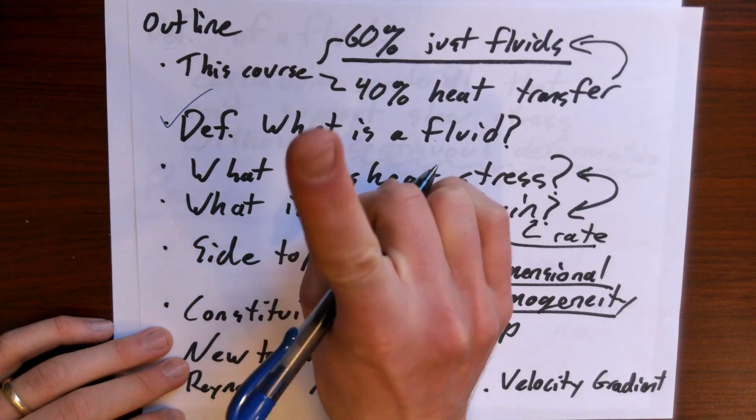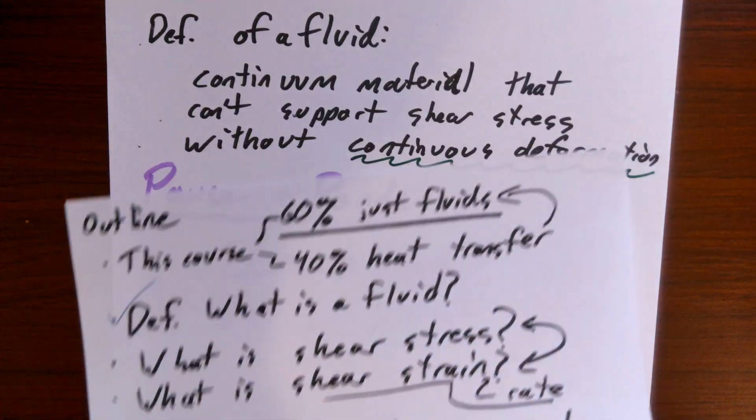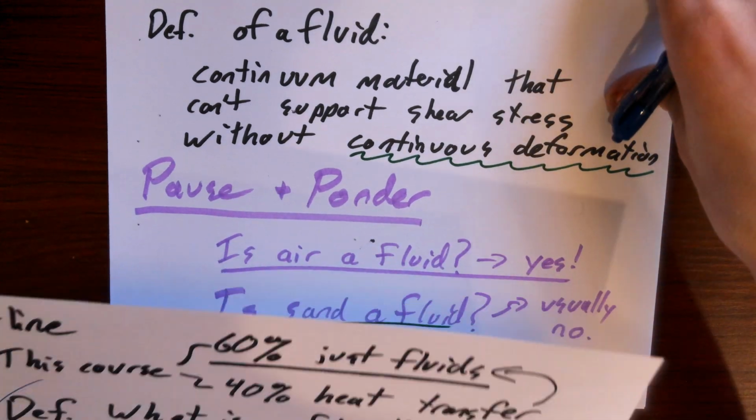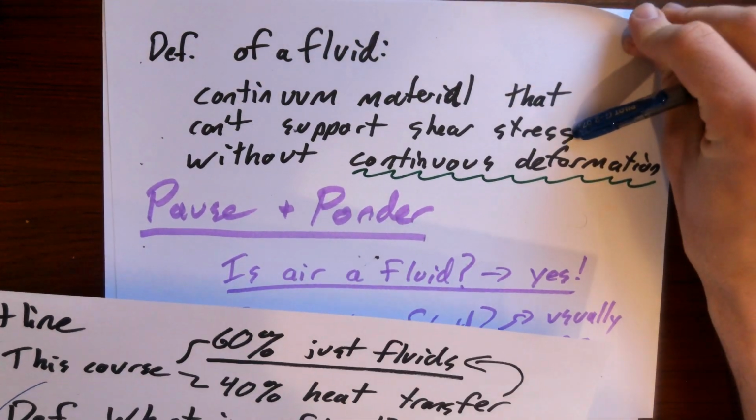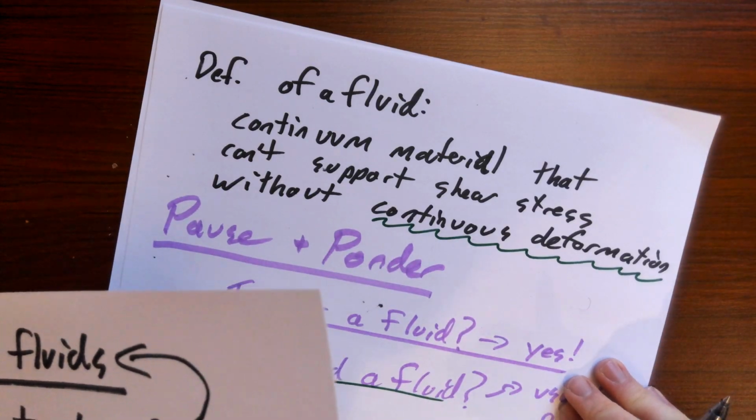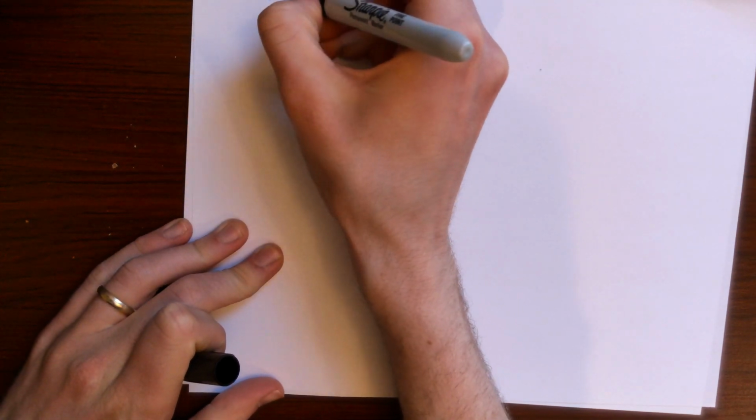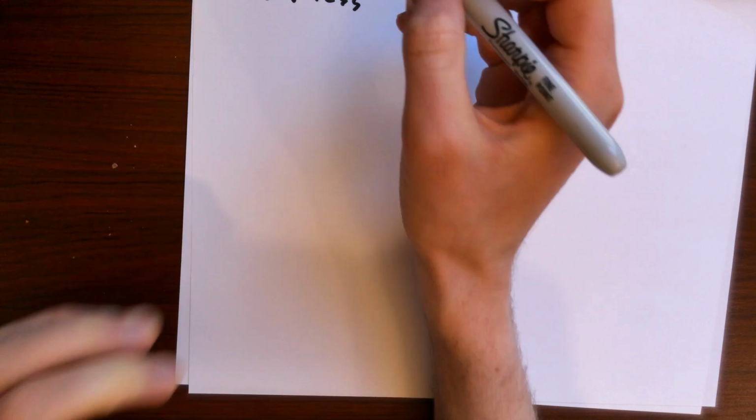Again, we're engineers, and we like quantitative definitions of things. So let's sort of more formally, more algebraically define what shear stress is. So let's look at shear stress, and we'll define it.